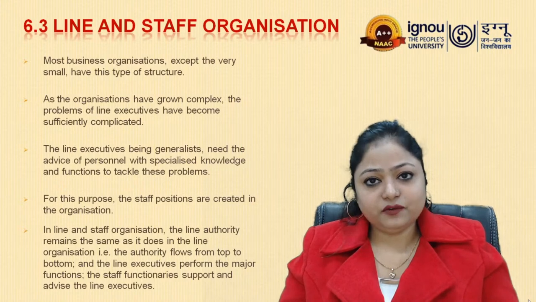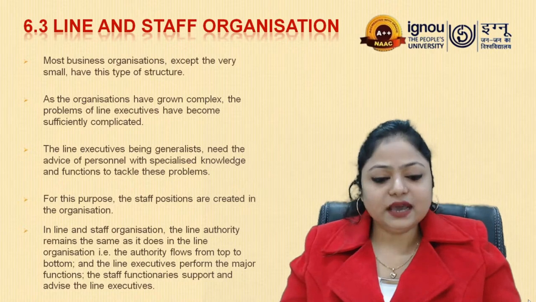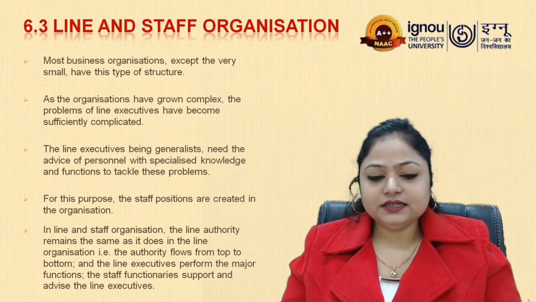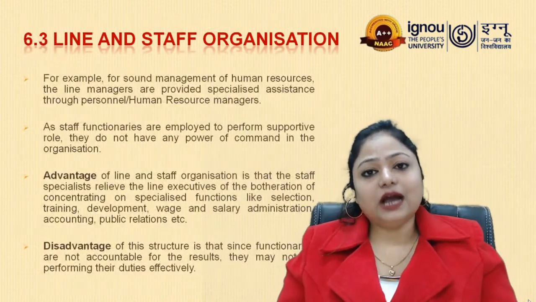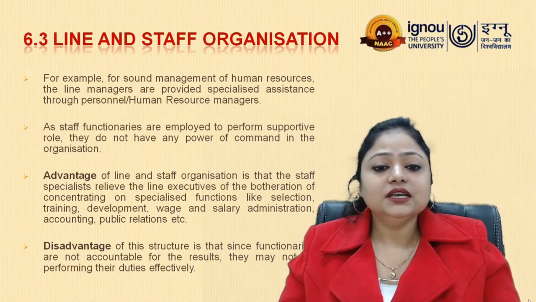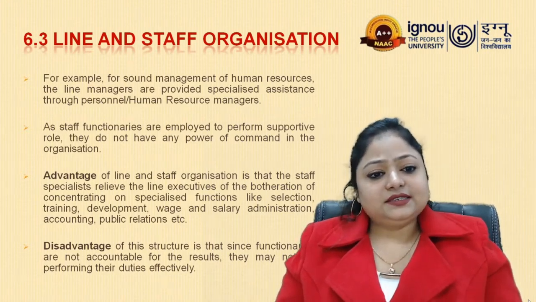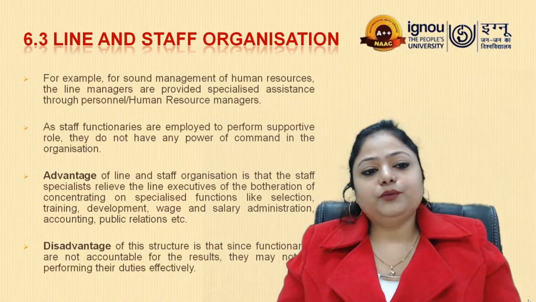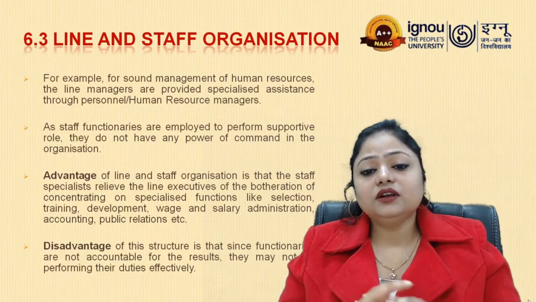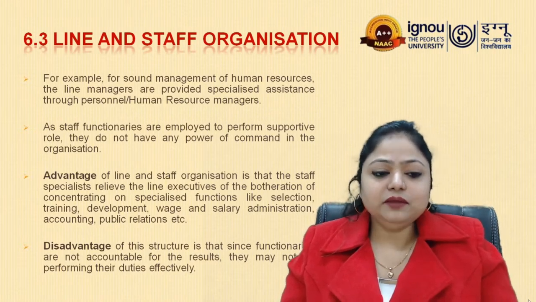The line executives perform various functions, and staff functionaries support these line managers and advise them for better performance in the organization. For example, for sound management of human resources, line managers are provided with specialized assistance through personnel or human resource managers. As staff functionaries perform supportive functions and a supportive role, they do not have any power of command in the organization. The command again resides in the hands of the line manager.